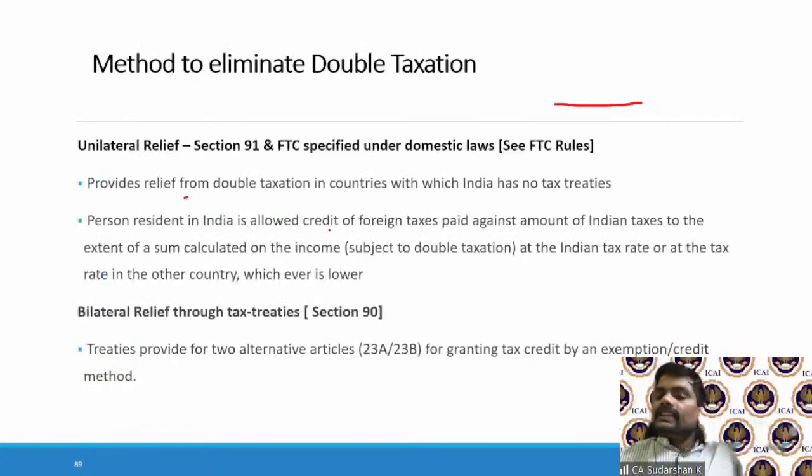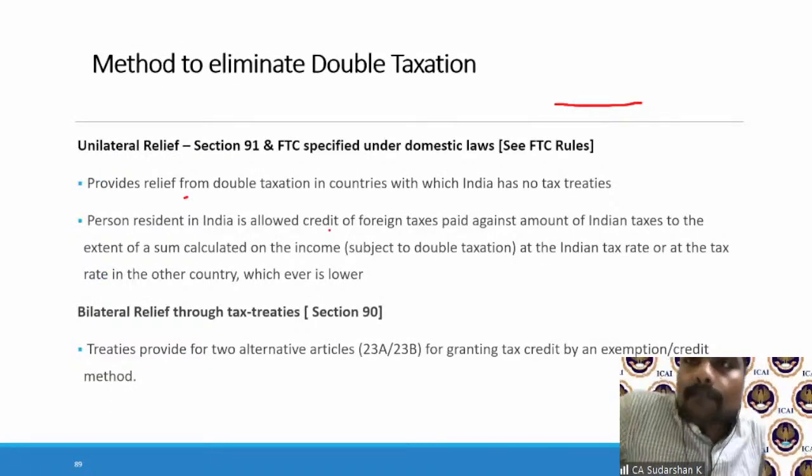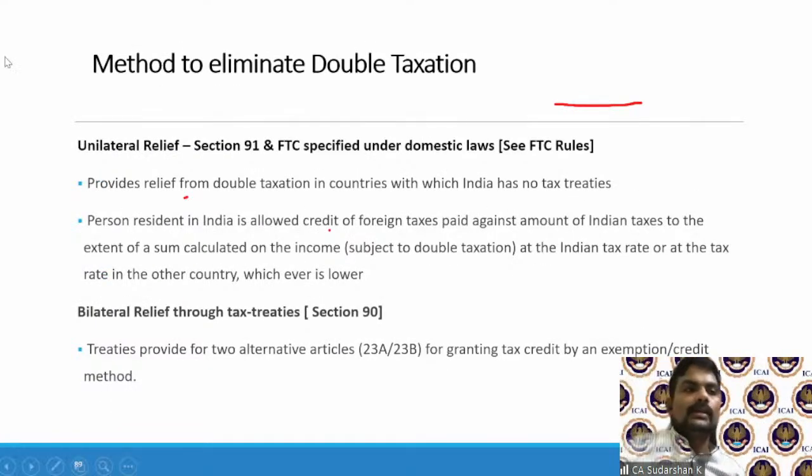So having seen why we need a treaty, one of the major objectives is to eliminate double taxation. Let's try to see how this double taxation is being eliminated.